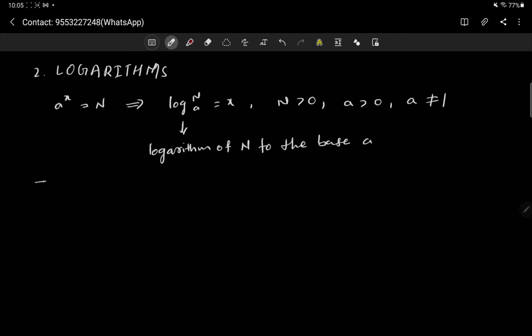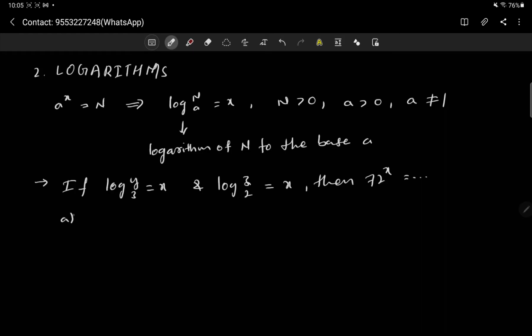Now we are having some problems. First problem is based on this one. If log y base 3 is equal to x and log z base 2 is equal to x, then we need to get the value of 72 power x in terms of y and z.